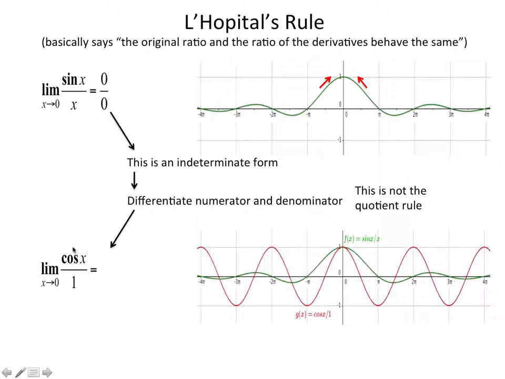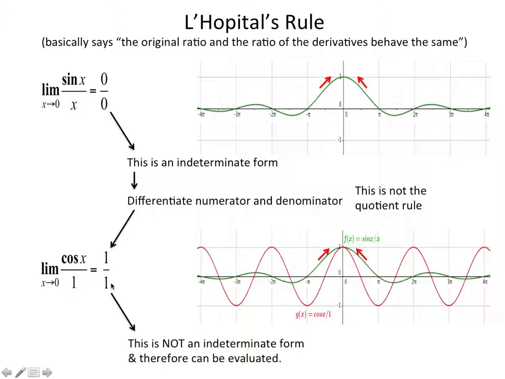So if this is able to be evaluated, then this answer we know is going to match the original answer. So now we can plug in 0, because we know cosine of 0 is 1, and 1 over 1 is 1. That's not indeterminate. We can determine that. So we can see that the limit of this is 1, so we know that the limit of this must be 1 as well.